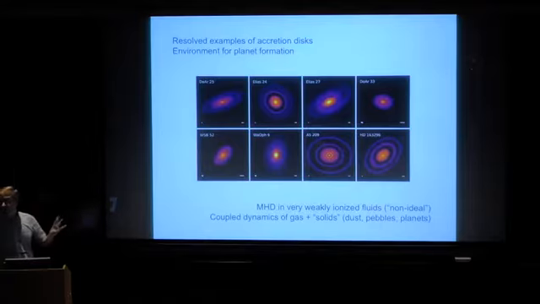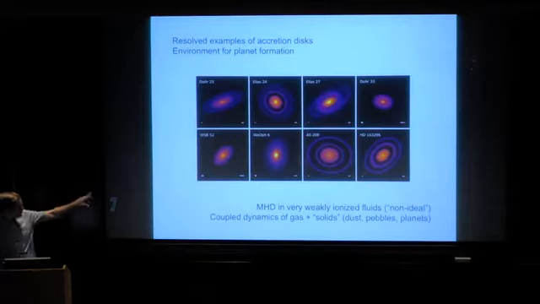From that point of view, the nice thing is that these are systems which can actually be spatially resolved. Here you have 8 examples of that imaging. Not only can they be spatially resolved, if you look in molecular line emission, so this is dust emission here, but you can also look in emission of molecules such as CO, HCO+, other species, and by looking at those molecular lines, you can measure the velocity, in principle, at each point in this image.